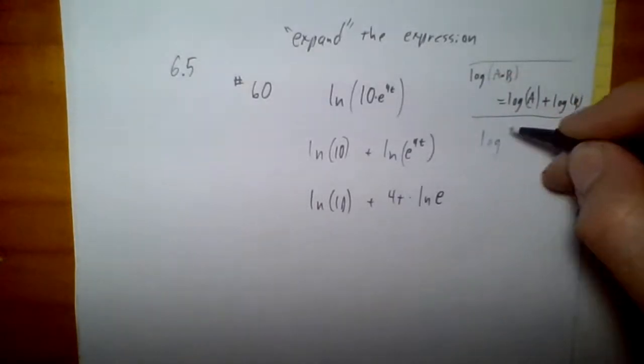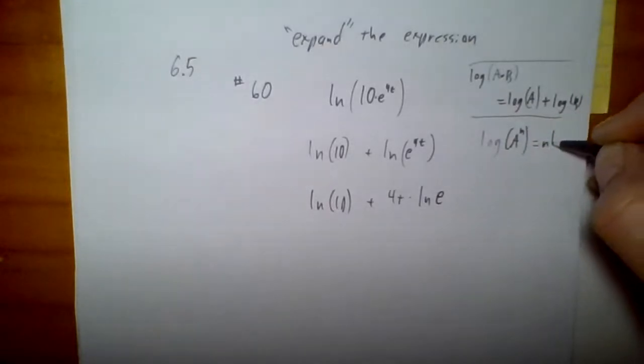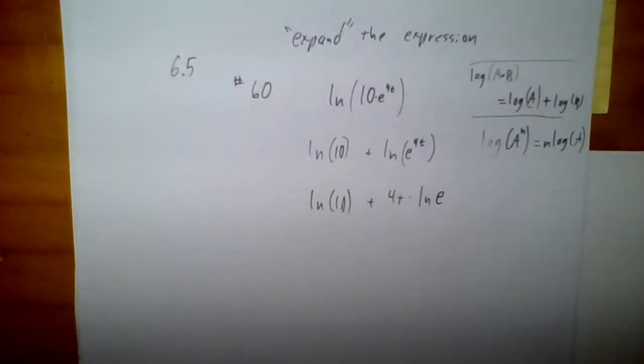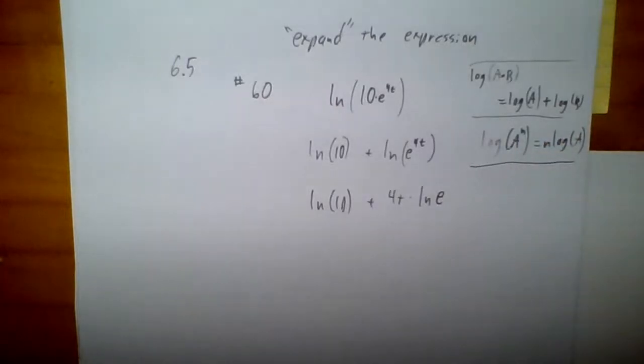It says the log of any power can be turned into a multiple of the log. That's always true with any exponent, even strange looking exponents. We're going to have one more rule to add to that list for the take apart rules, but we don't need it right here.